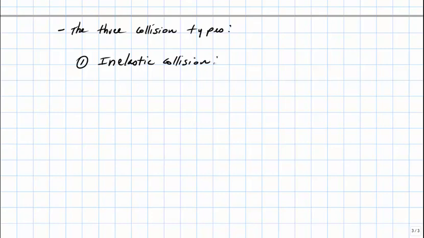An inelastic collision is one in which energy is not conserved. So where does the excess energy go? It turns out that the excess energy causes permanent deformation and or heat.